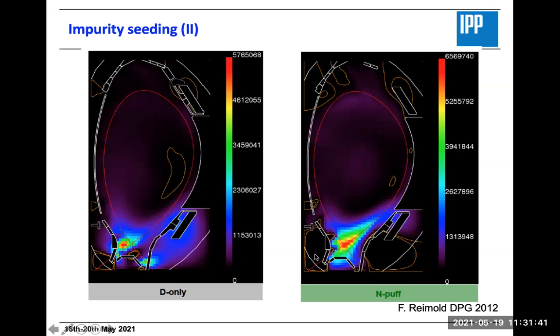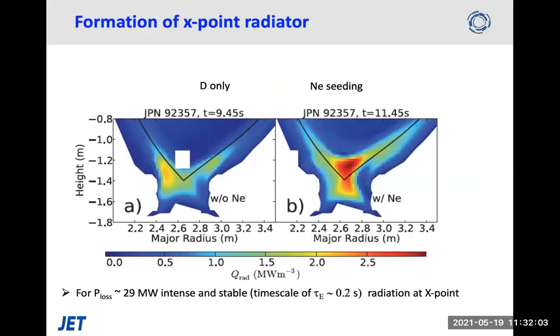When we do a lot of nitrogen radiation, you can see that a lot of radiation is around what we call the X point. This dissipated the power so that the tiles wouldn't heat up and produce these, what we often call leading edges, these bright spots of radiation.